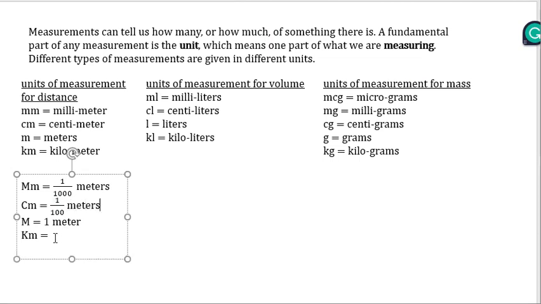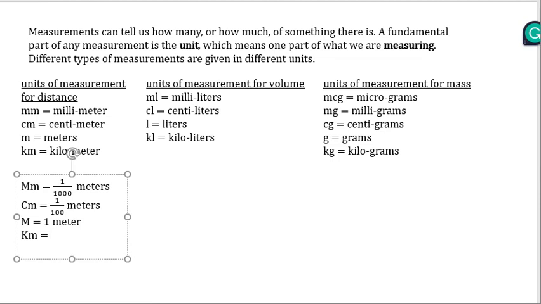All right. So we are dividing to get millimeters and centimeters, and we are multiplying to get kilometers. So could anybody tell me, what do we multiply by to get kilometers? How many meters make up a kilometer? 1,000.